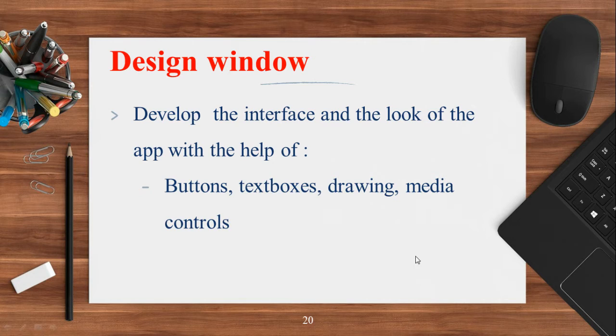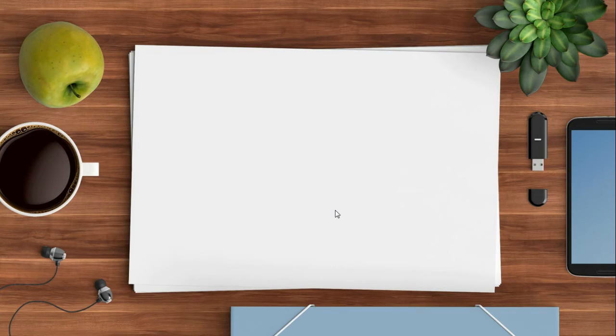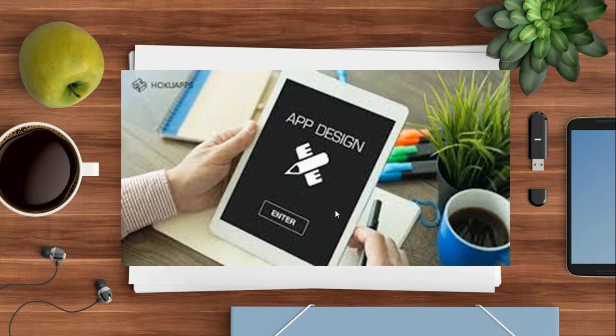For example, the components of the design window: buttons, text boxes, drawing, media controls. Using these four items, you are going to develop a screen. Okay, you're going to design on the screen. This is the design window. And can you say this? App design is very important.